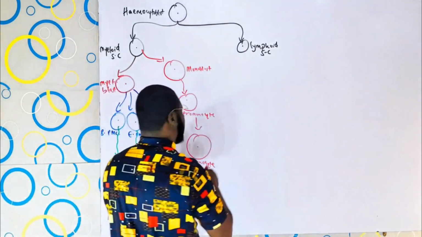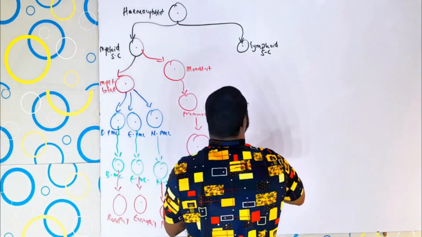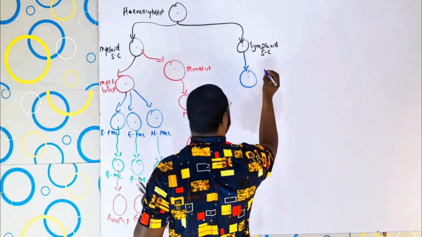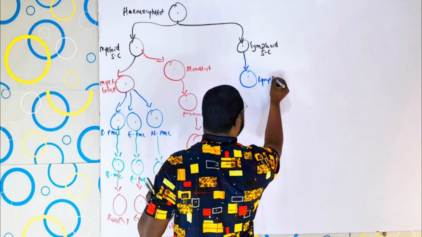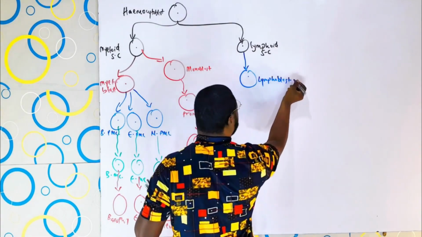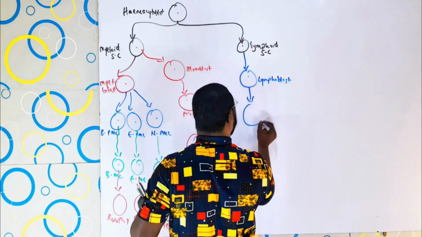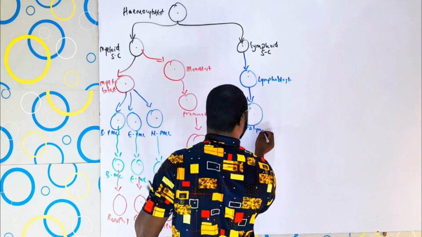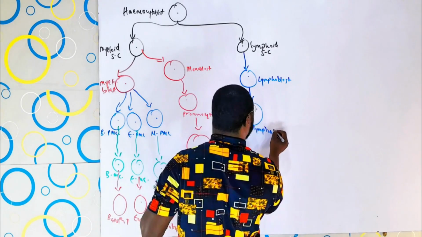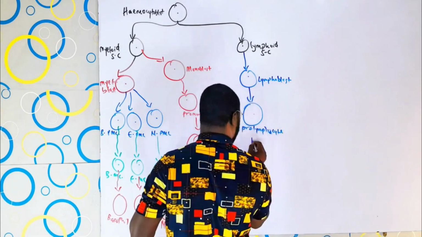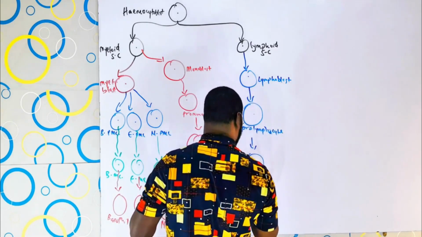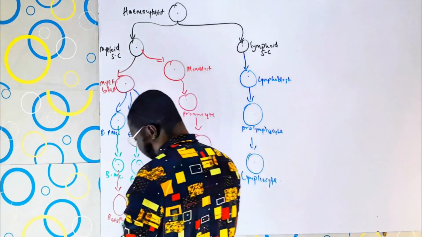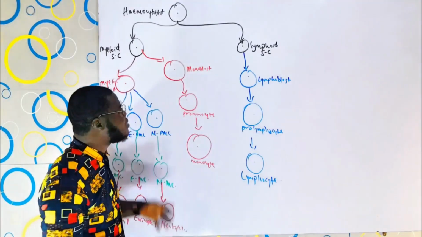And right here, the lymphoid stem cell can become the lymphocyte. But firstly, it divides to become the lymphoblast. From there, it becomes a pro-lymphocyte, and then it becomes a lymphocyte.